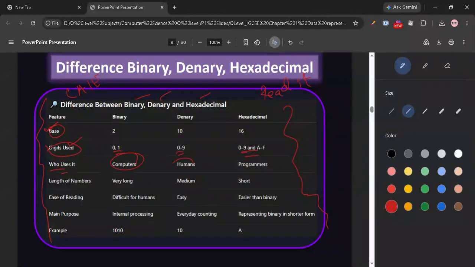Denary is for humans and programmers. Hexadecimal is for programmers, humans and computers. Next, length: very long, medium, and short. Not that much needed to write. And binary is difficult for humans, hexadecimal is easier than binary, whatever it is.